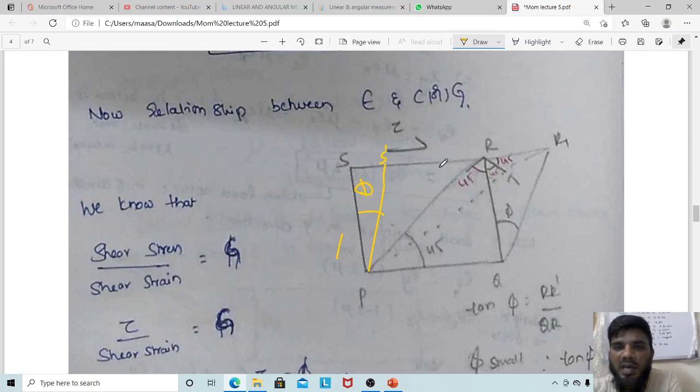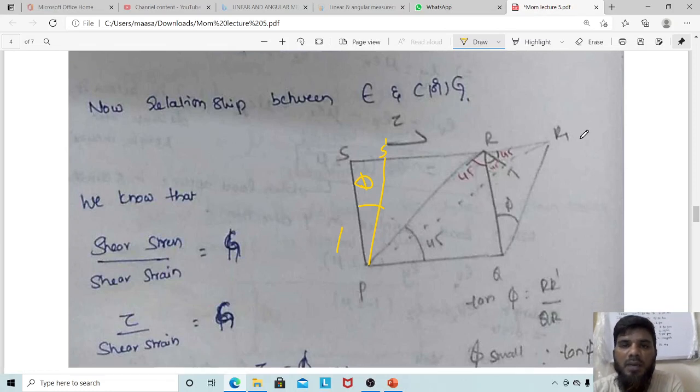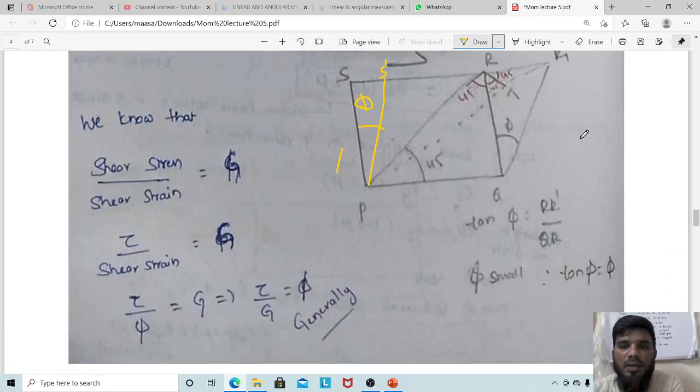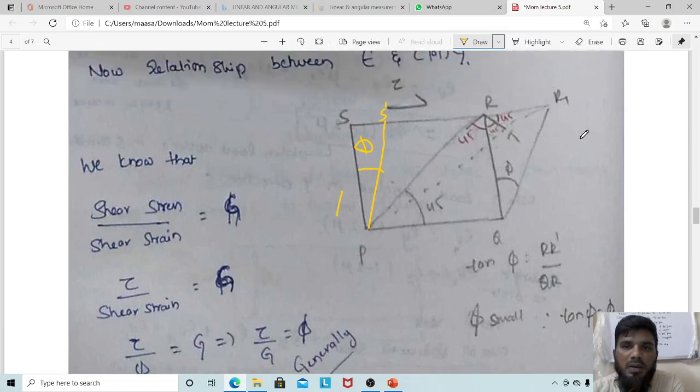What is the change happening here? Initially it is from R to S, now the length has been increased to S R dash. So this is L2 minus L1, that is S R1 minus S R, divided by S R, that you can find.